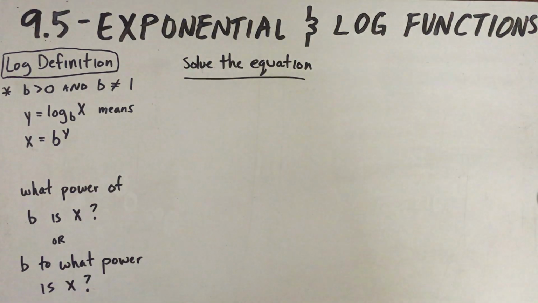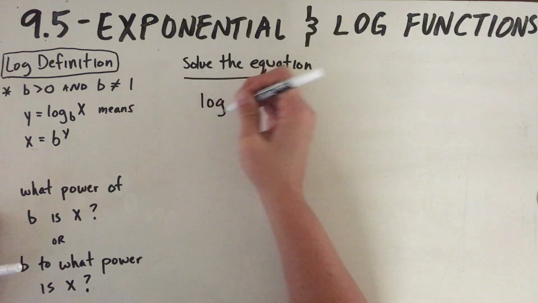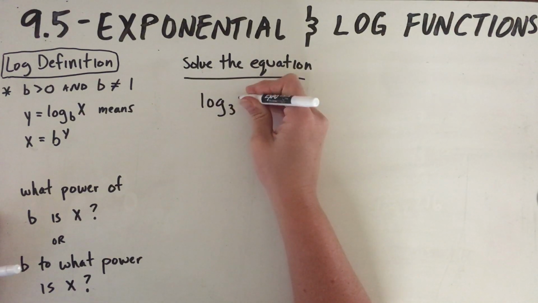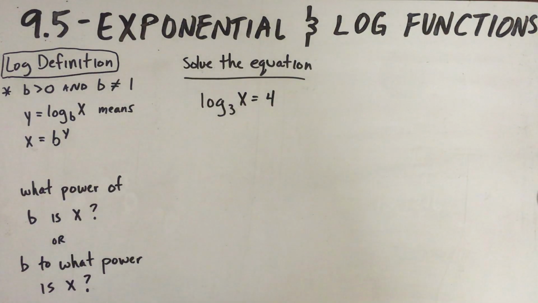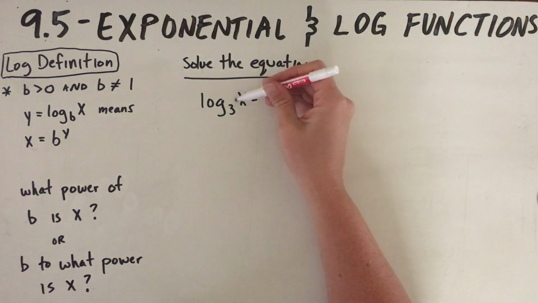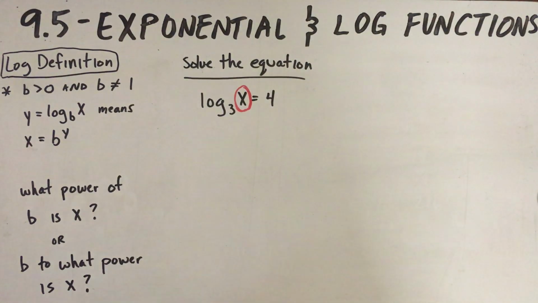And always when we solve an equation, we're looking for the value of the variable that would make the statement true. So here's my equation, and the thing I don't know is the value of x. What would I have to substitute for x to make this statement true?